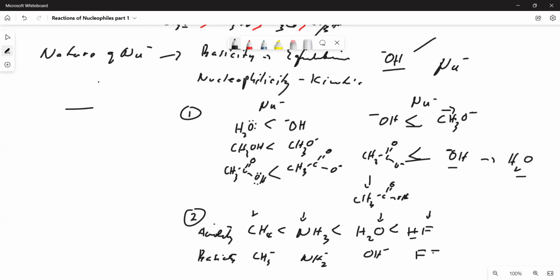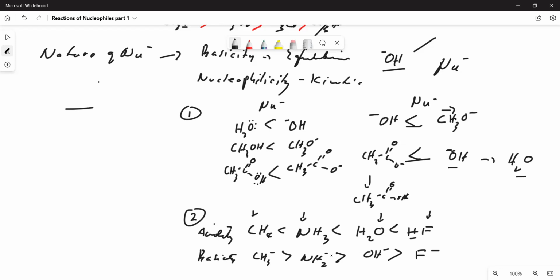The weaker the acid, the stronger the conjugate base. So therefore, this will be the strongest base, followed by this, followed by this. And the weakest base now is the fluoride because its conjugate acid, HF, is the strongest. So you have this trend.